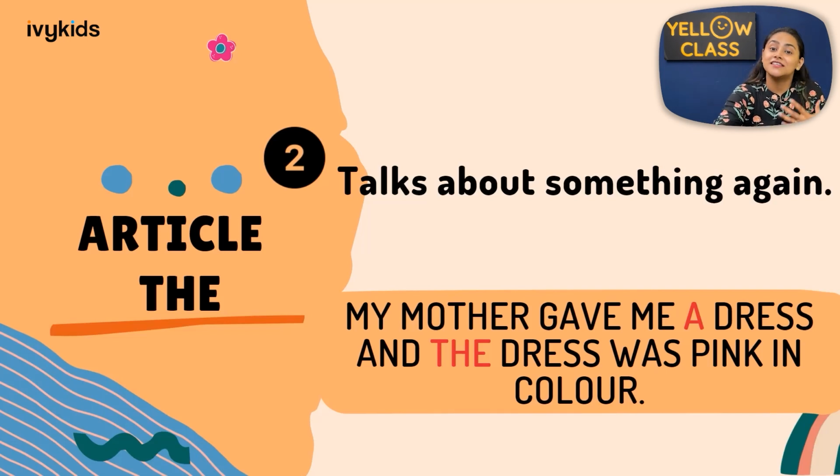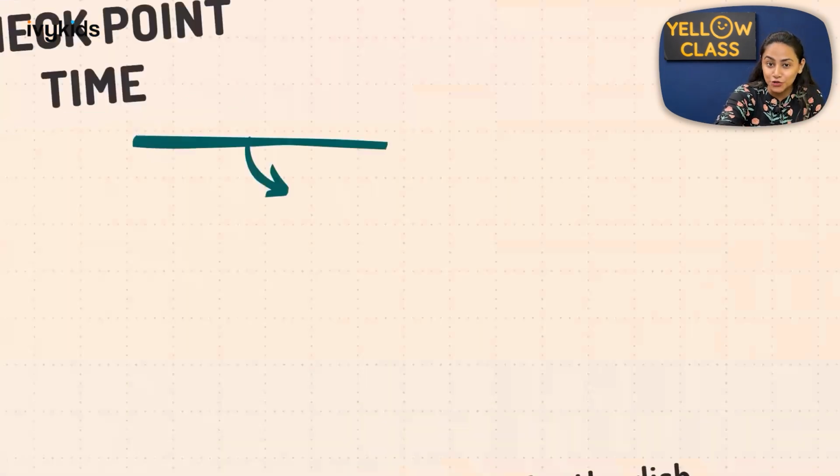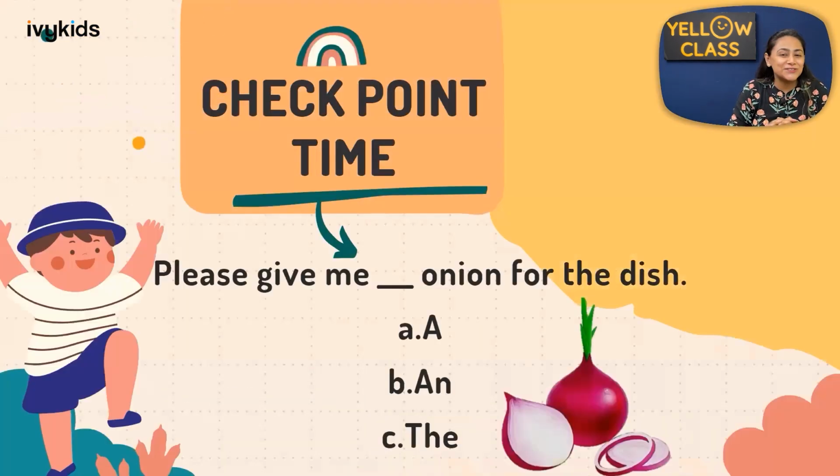We have some questions for you all. Let us enjoy these tech points as well. Yes, tech points are part of our sessions, right, YC kids? Okay, so we are going to actively answer these questions as well. You can share your answers in the chat or you can complete your answers in your notebook, right? Okay, so the question is: please give me dash onion for the dish.